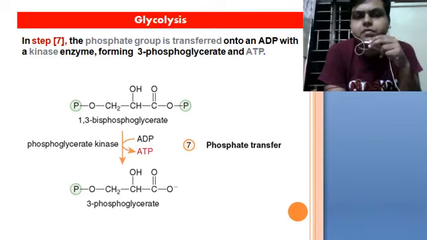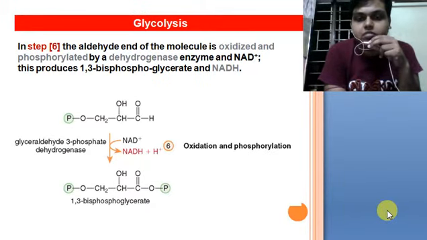Now, in case of step 7, the phosphate group present in the structure is transferred. We can see that in the previous step phosphorylation occurred in the COOH group.